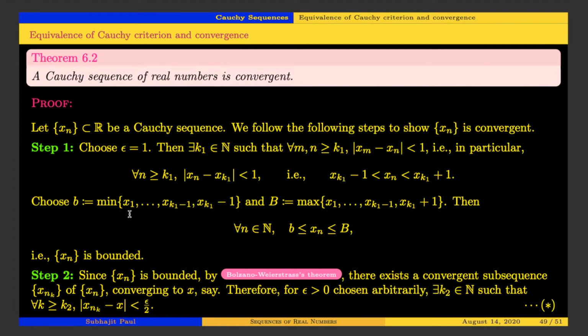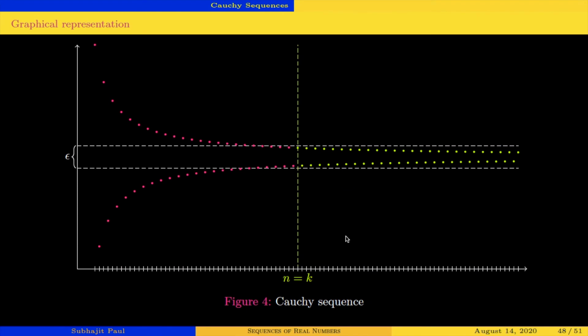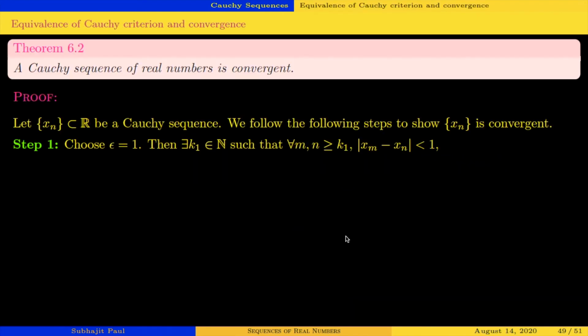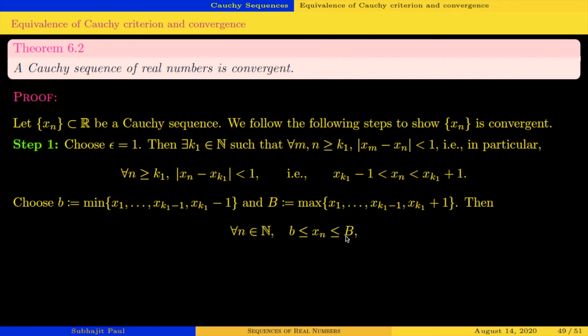Choose small b as the minimum of the first k1 minus 1 many terms and the lower bound of the tail, and capital B as the maximum of the first k1 minus 1 many terms and the upper bound of the tail. Then small b and capital B will be a bound for everything: for all indices n, the sequence xn will be between small b and capital B.